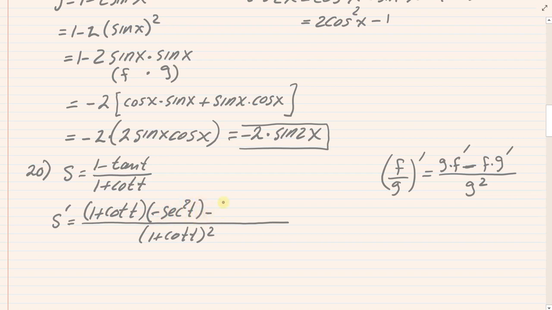Okay, minus 1 minus tan t, that's numerator, times derivative of the denominator. Derivative of 1 is 0, and derivative of cotan is negative cosecant squared t.